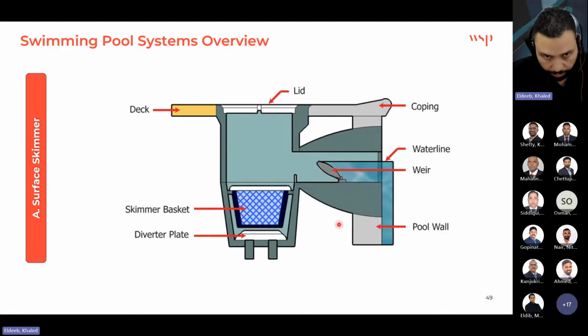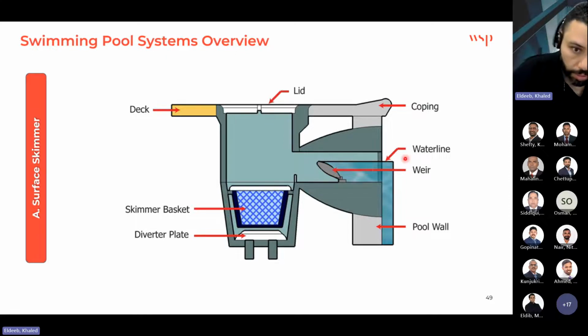So this is a better section to explain what I'm talking about. This is the water line, and this is the deck level. Okay, so this is called the weir. Okay, this floats with the water level that usually fluctuates with the waves.